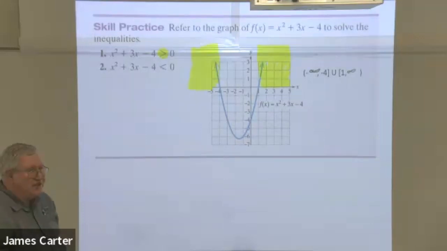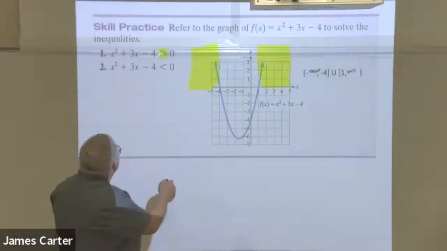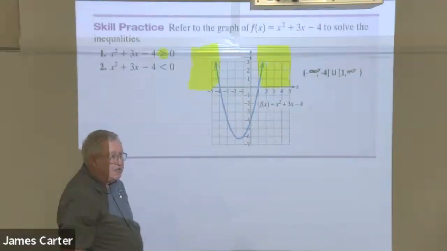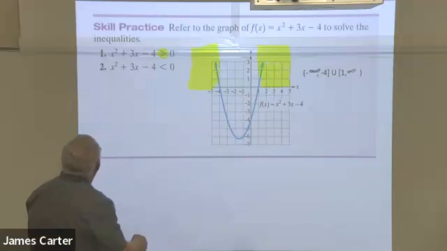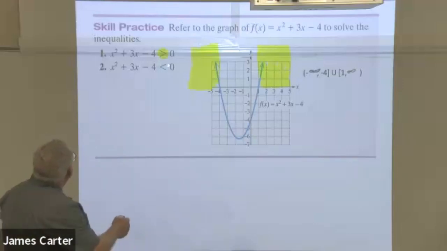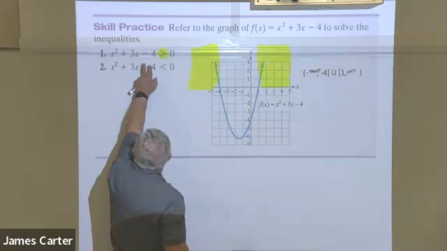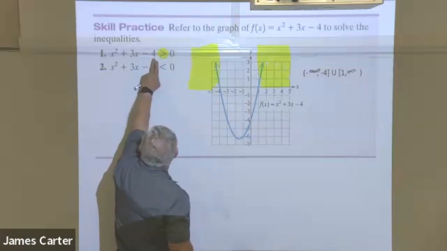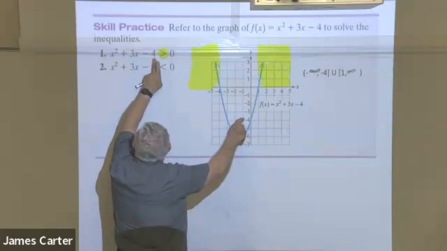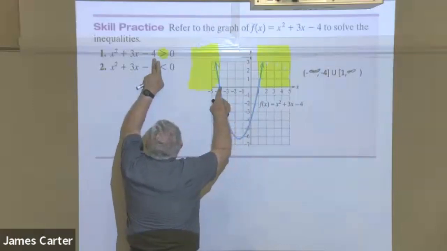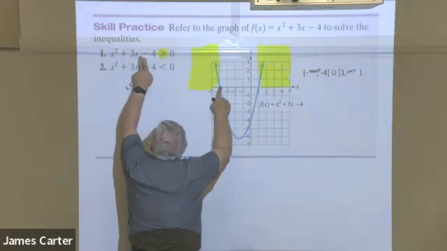Okay, different equation this time. We wore out the old one. Greater than. That means above the y, above the x-axis. Okay. Well, number 2 is they switched it to less than. So they're using the same question with 2 problems. Once when it's above. When it's above, you can figure out, in this case, the answers are going to be positive 1 and negative 4, based on factoring that.